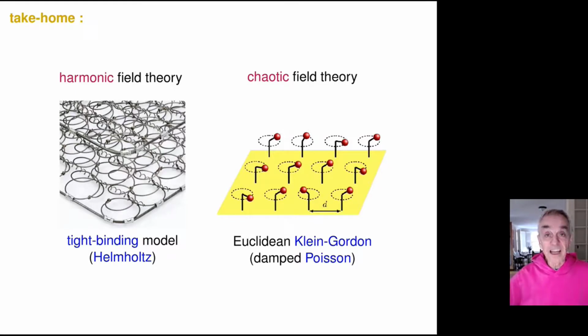Chaotic field theory is like that, except instead of being a spring, when you push on this bed, it's actually a bunch of cats, and every cat runs away, but it's confined. You cannot explode your vacuum, so they have to come back. And that turns out to be called a Klein-Gordon equation as opposed to the Helmholtz equation. So that's the basic take-home of what chaotic field theory is supposed to look like.